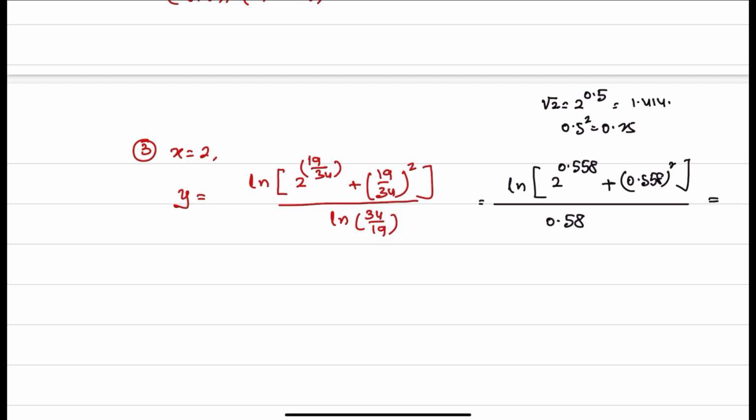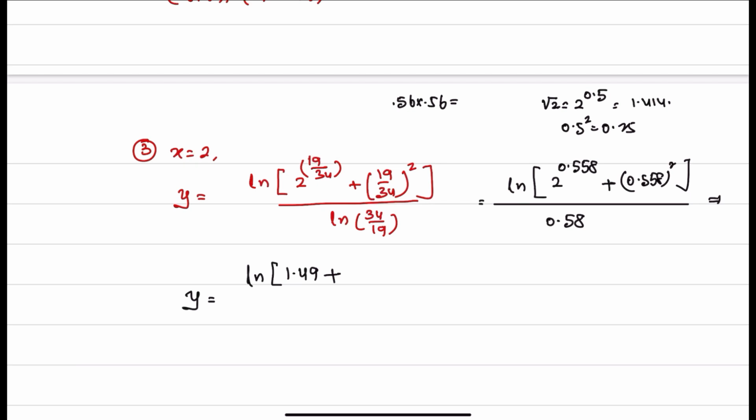This implies y is equal to ln of 1.49 plus 0.55 into 0.55, 0.56 into 0.56; we can say 0.56 approximately we are doing. 0.56 into 0.56, it will be how much? Just check up in your calculators. Without calculator we have to do.